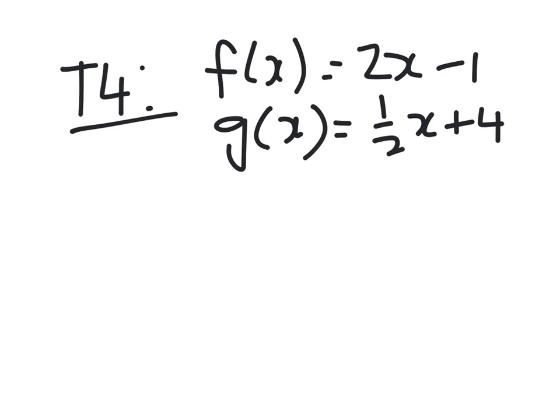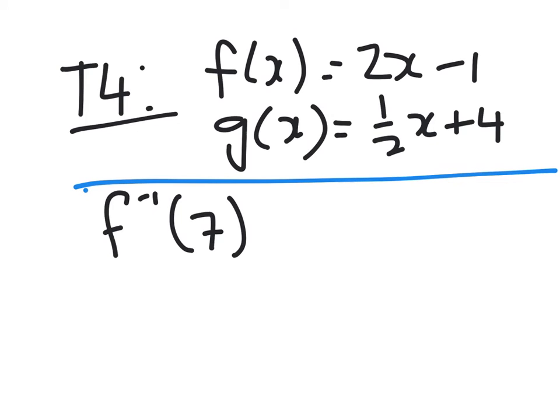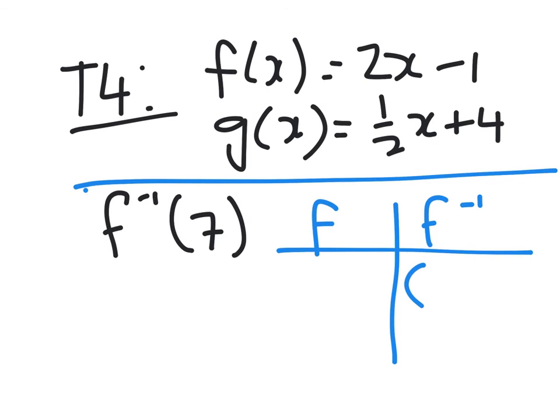If you're asked to find f inverse of 7, well, we don't know what f inverse is. We can find it. We can find f inverse from f of x and plug 7 in, right? But there's another way to do it which might be quicker. That's thinking of it this way. F inverse and f, consider the two functions.